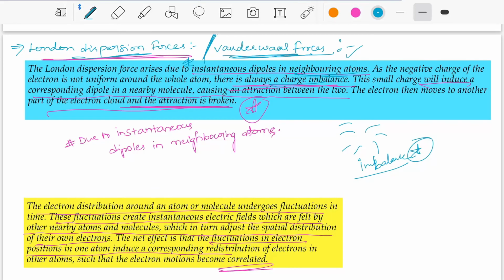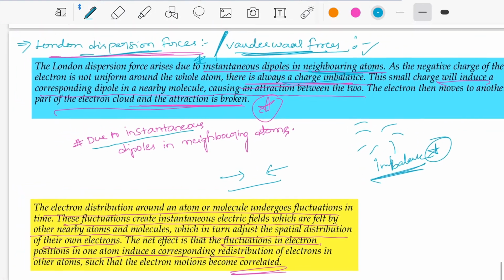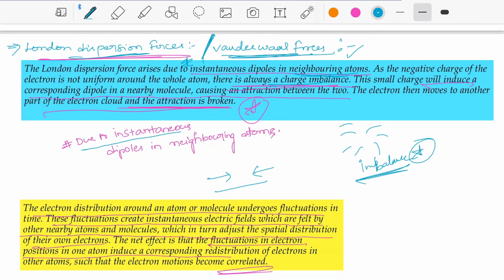Due to this imbalance, the small charge will induce a corresponding dipole in a nearby molecule, causing an attraction between the two. The electron then moves to another part of the electron cloud. This we have to note. There is some distribution of the electron cloud between the atoms. Thus result London dispersion forces or van der Waals forces.